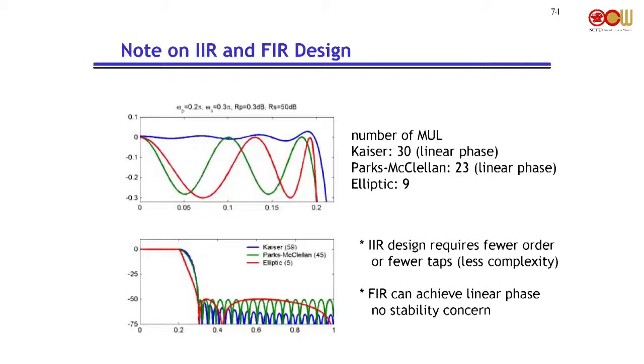But if you look at the complexity issue, the elliptic filter has the numerator and the denominator coefficients. So the total number of coefficients that you need to implement, we will see in the video, is equal to 9. And for the Kaiser window, because it is cut in half, it's 30. So 9 and 30 is like 3 times, so less dramatic than before.